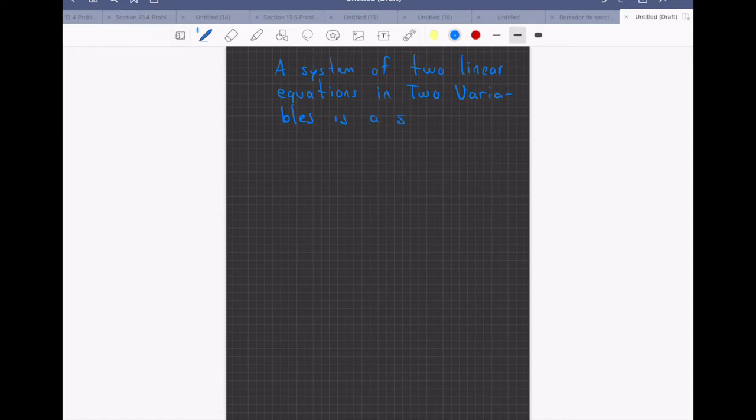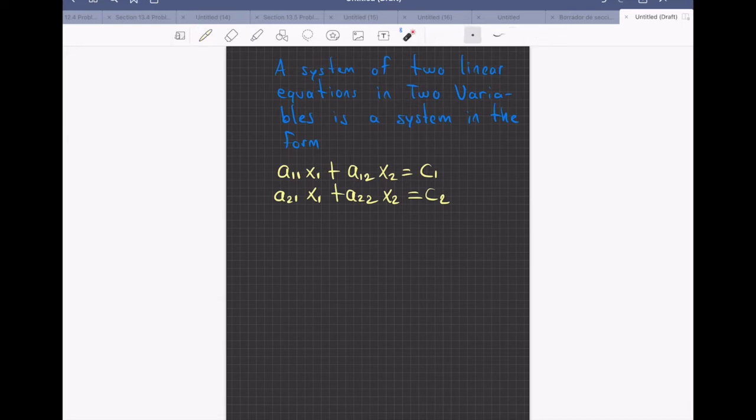It is a system in the form a11 x1 plus a12 x2 equal to C1, and a21 x1 plus a22 x2 equal to C2. Here the subscripts are going to be important to denote what coefficient we're talking about.